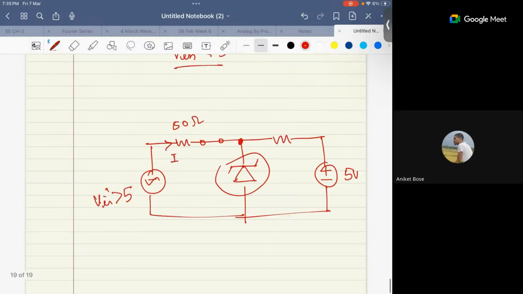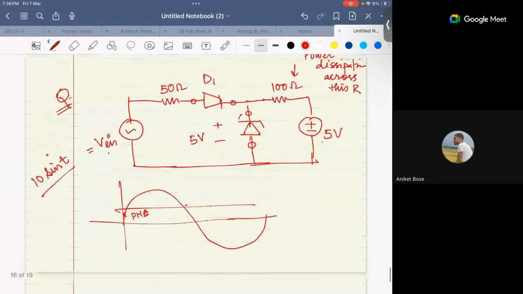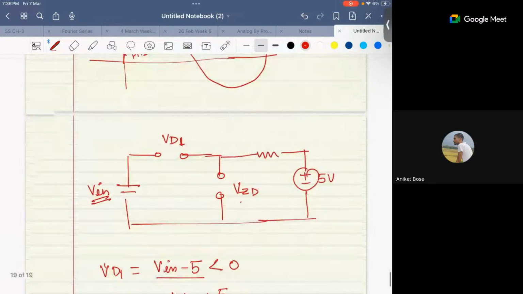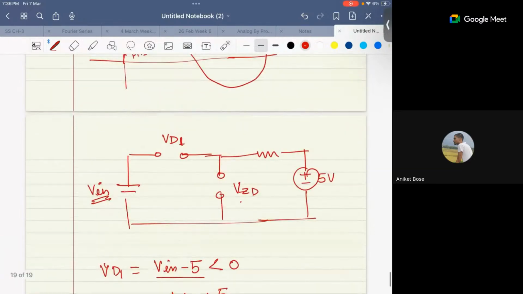Okay, see, one more thing. From the starting, we assumed that both are working from 0 to 5 volt. We assumed that this is open circuit, and that is coming out to be correct also, right?